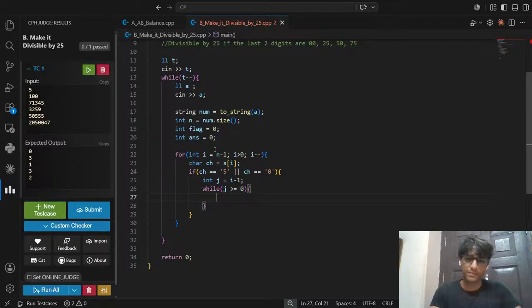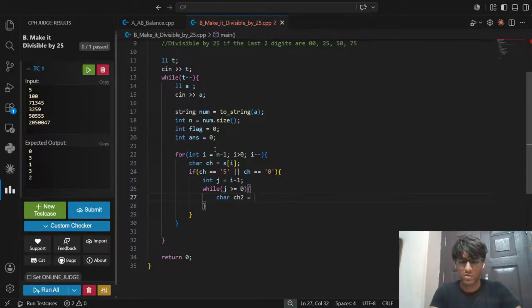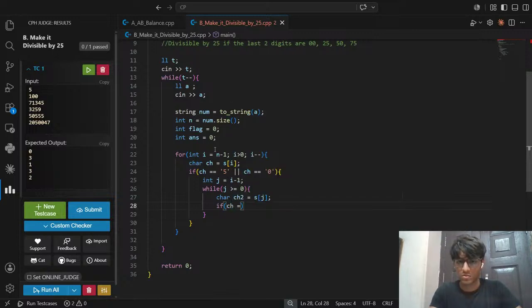Subset like s of I plus s of J is of CH2, CH2 equals to 0257.